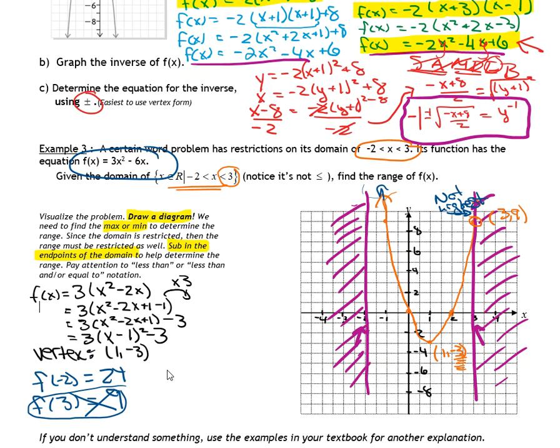So my range is going to be y is an element of real numbers such that, now first you put the low number, it always goes low and then high. So my low number is the vertex number, that's a -3, and that's included in my domain, less than or equal to y, range, sorry, and then the high value is a 24.